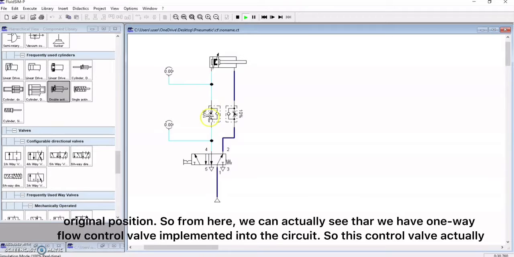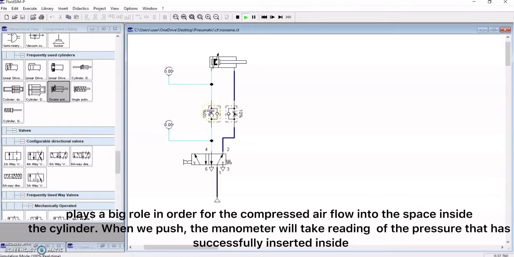This control valve plays a big role in letting the compressed air flow into the space inside the cylinder. When we push, the manometer will take a reading of the pressure that has successfully entered the cylinder.